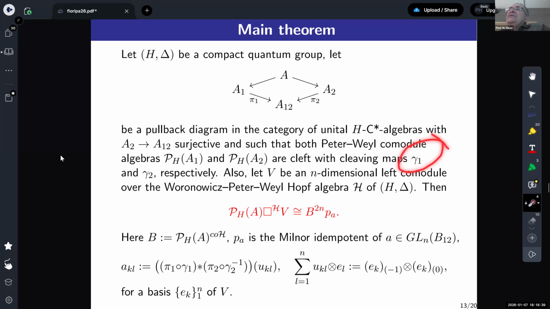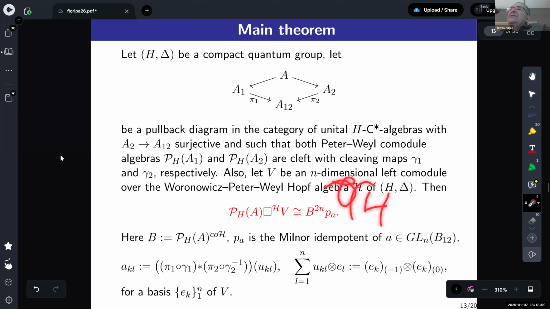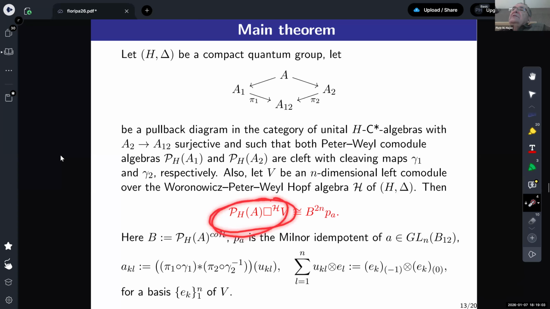As usual, I take V to be my n-dimensional left comodule over this Woronowicz's Peter-Weyl algebra. Here I wrote script H; I could have written script O of straight H. Then our theorem is that this associated module can be expressed by the Milnor idempotent.